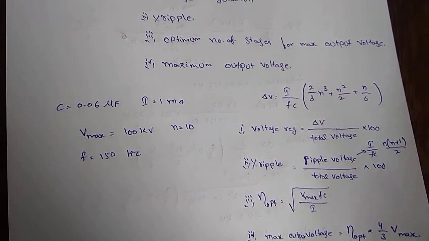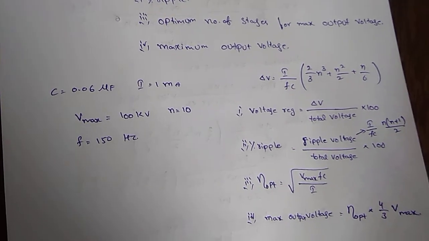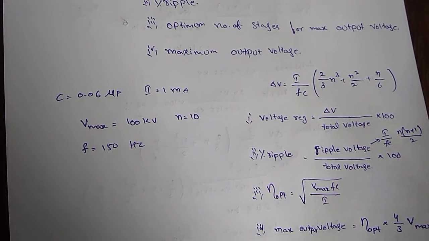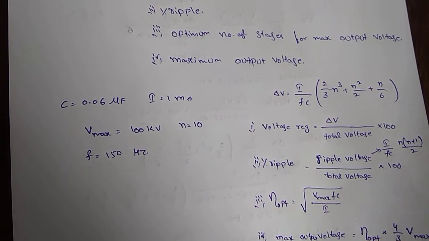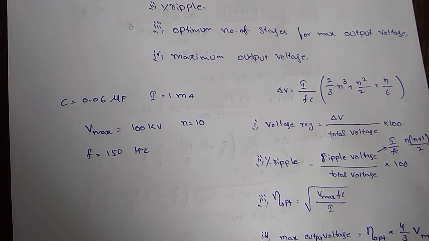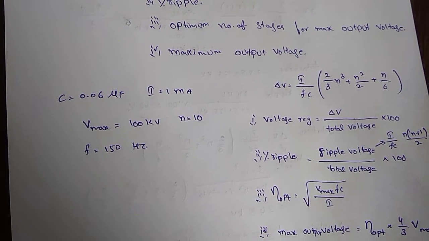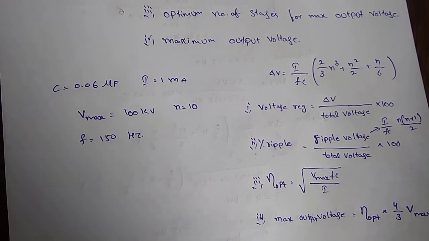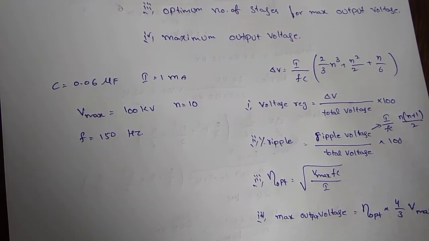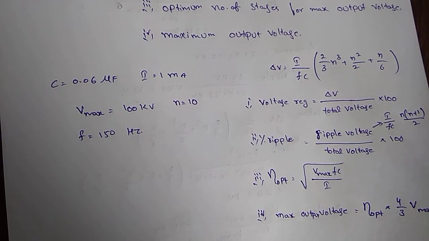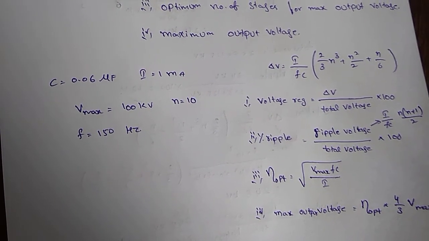The last one is the maximum output voltage. Here the output voltage will be 2n Vmax, that is correct. But if you have the optimum stages, depending upon them we can calculate the maximum output voltage. For the maximum output voltage, it will be the optimum stages multiplied by 4 by 3 Vmax.